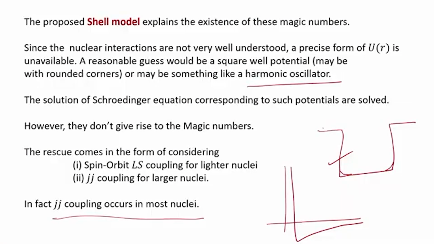This gives rise to an L dot S kind of term. One artifact of that is that you cannot use either L or S alone, but you can use a new quantum number or a new operator called J, which is equal to L plus S. So this LS coupling occurs for lighter nuclei, and one has JJ coupling for larger nuclei.